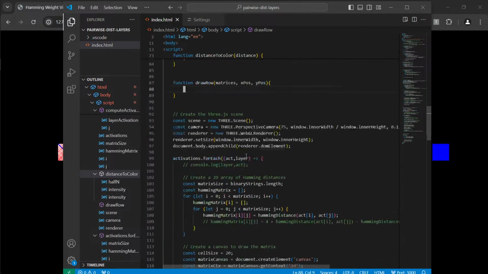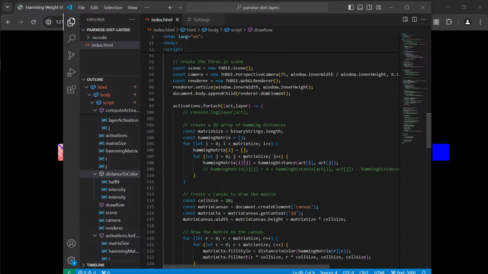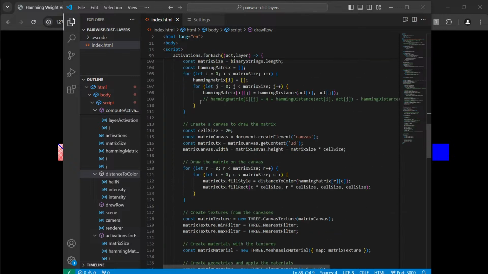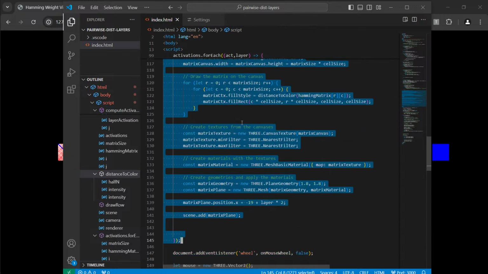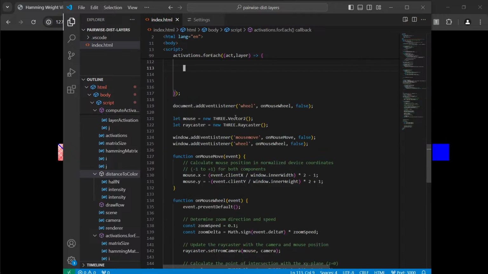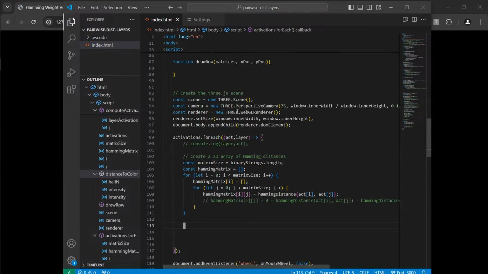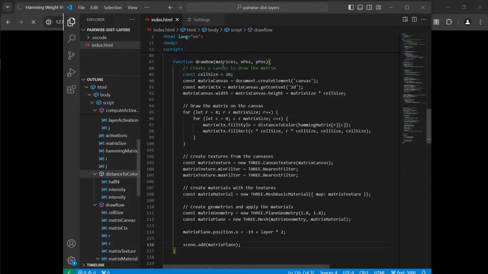We'll have to do that twice, but this is all the row stuff for the drawing. Well, that's real cool. Draw row. And, oh no, that's inside of an activation.